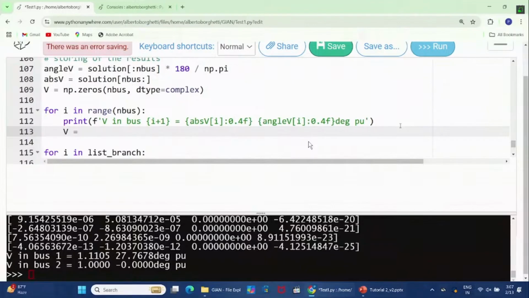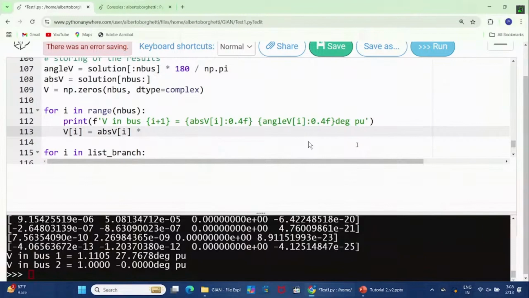So we can say abs of Vi, and then multiplied by a phasor.